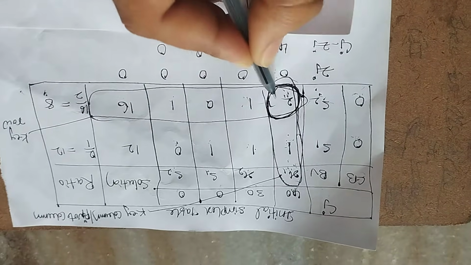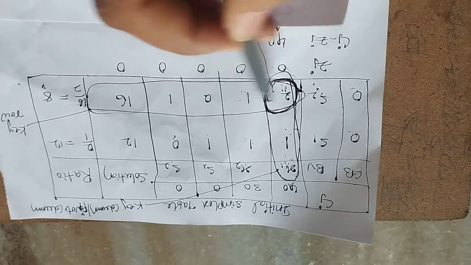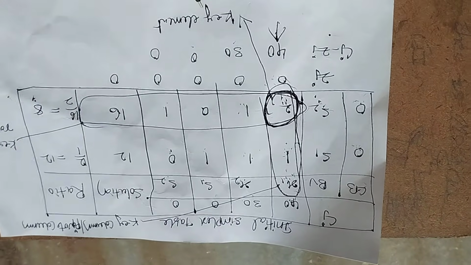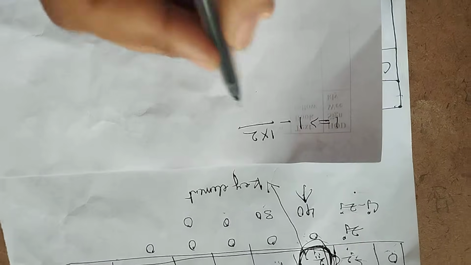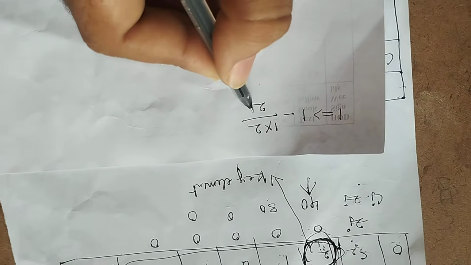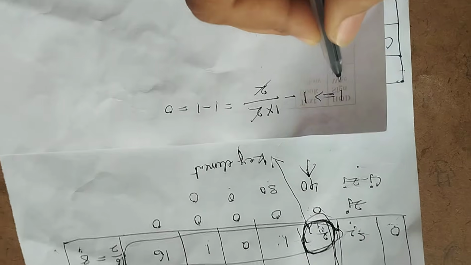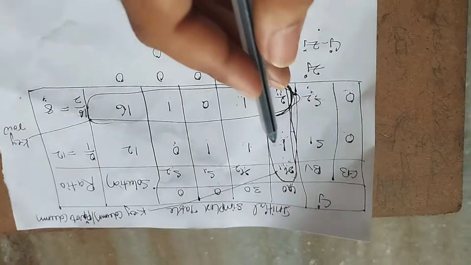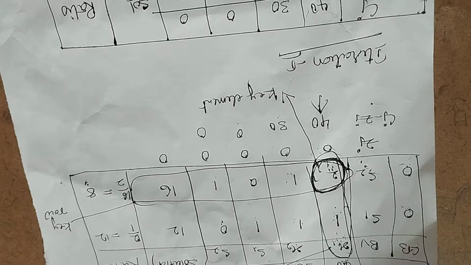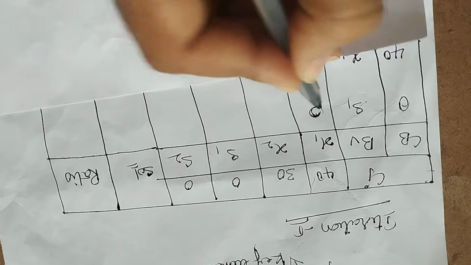The point where the key column and key row intersect is the key element, as we wrote here. That should be divided by 2. The 2 will be cancelled, so 1 minus 1 is 0. Instead of 1, we should write 0 here.